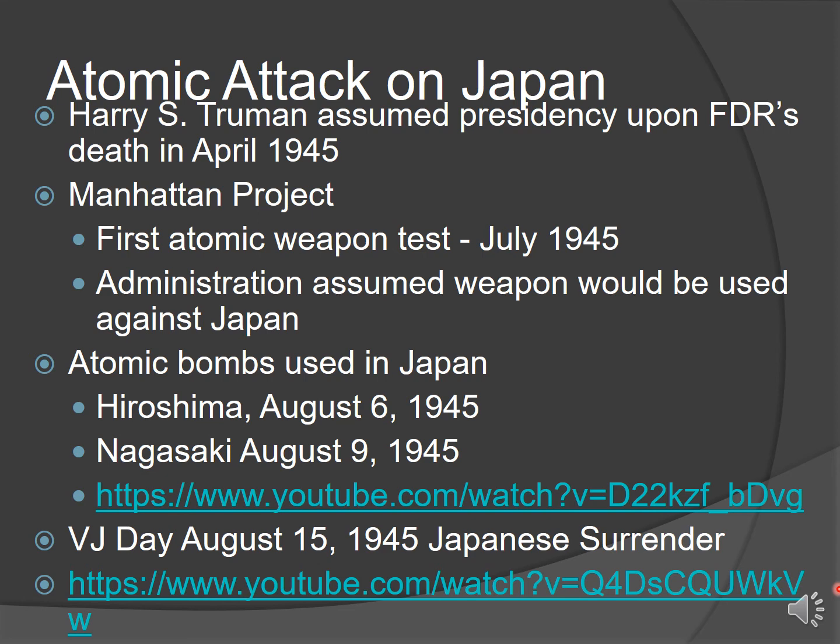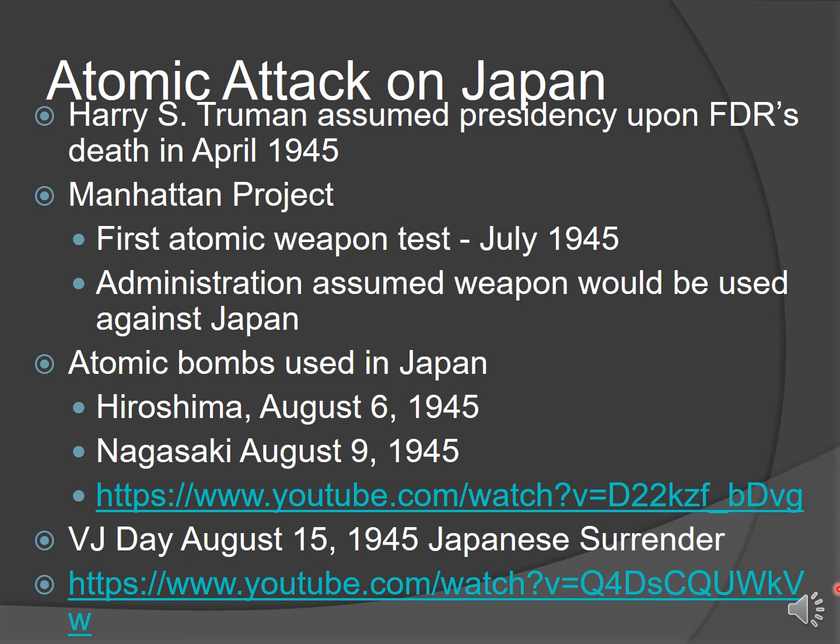So the decision is made to drop the atomic bombs on Japan. Now, the first successful atomic weapons test will be completed in New Mexico in July of 1945. So it became an option after that. And it won't take the Truman administration long to make the decision to move forward with it.